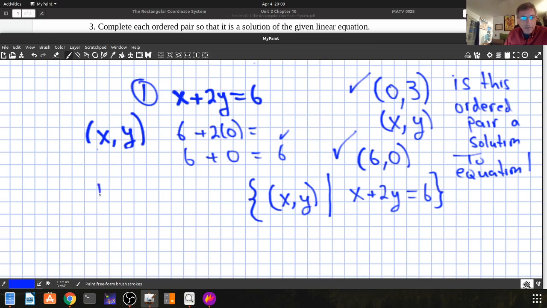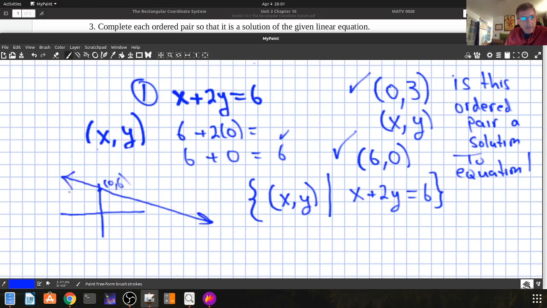And the line would look something like, if this is the point 0, 6, it would look something like that.